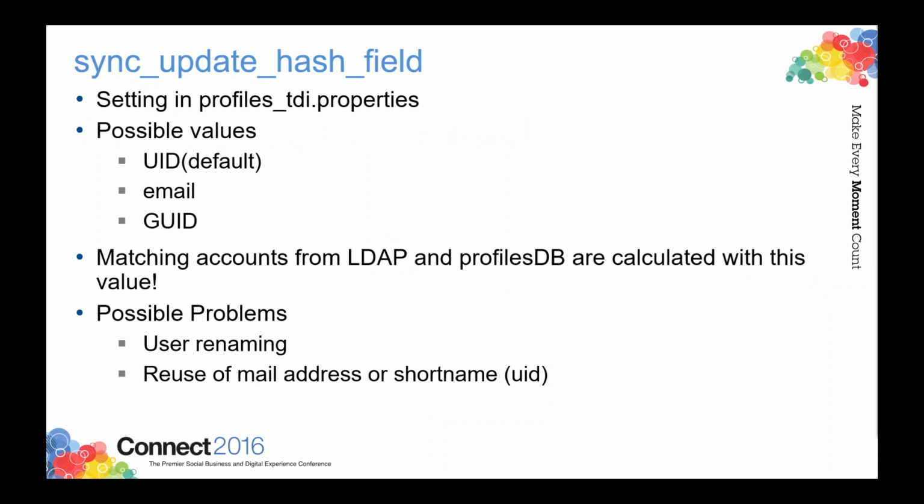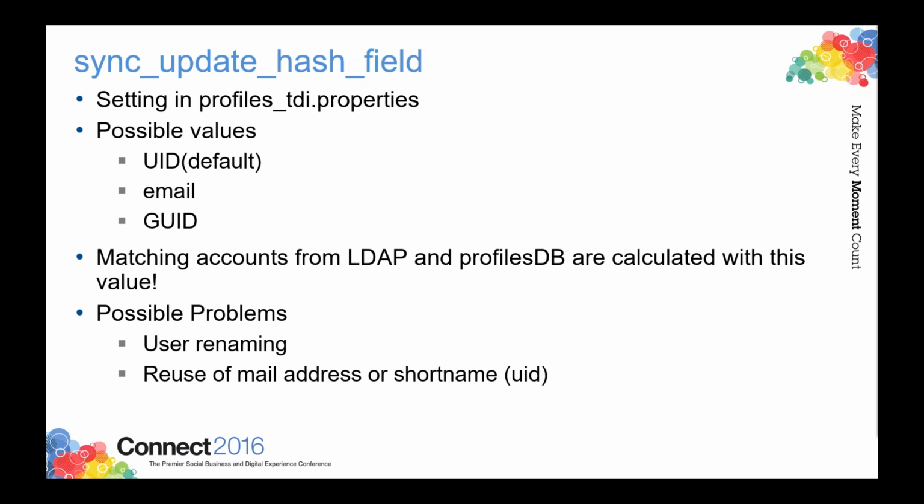I will show this a little bit later, so please be aware it's really important to use the right value here. The default is UID. As we already saw, UID is normally mapped to short name, and what could happen? Short name is always changed on Domino when you change the name of your user. So when he marries or changes his name in another way, don't know why.